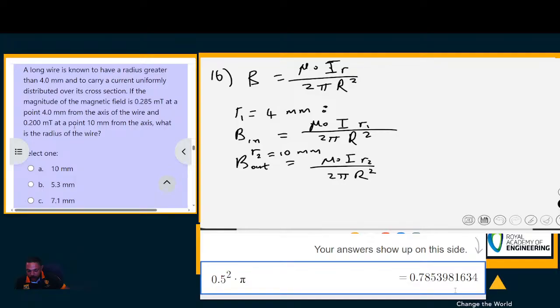now from the equation of the magnetic field outside the wire, we can calculate the current.